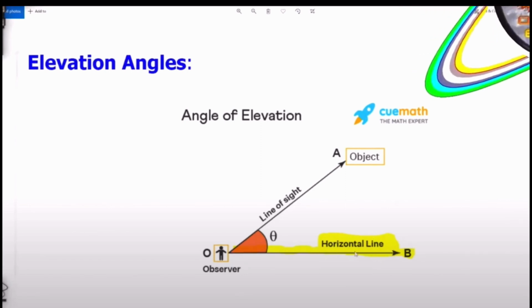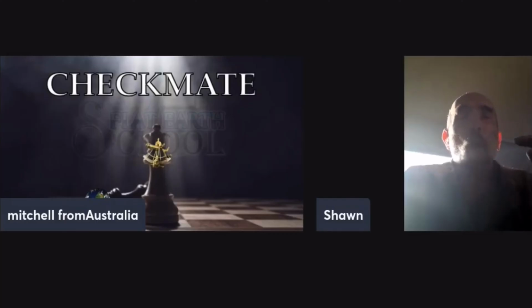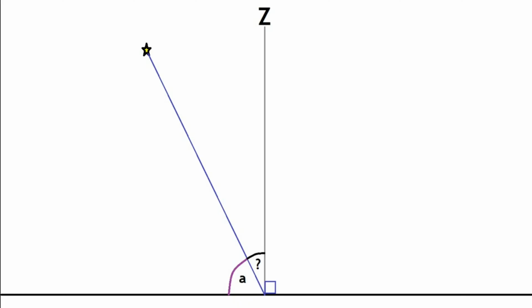You can't get around that. That's why I'd say it's so deadly. It's a level eye line to the horizontal plane. So, math is fun. Angle of elevation: the upwards angle from the horizontal to a line of sight from the observer to some point of interest. You can look to the horizon, check the elevation of the star to get angle A.